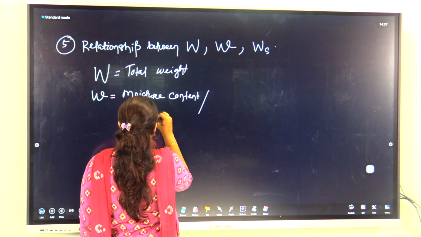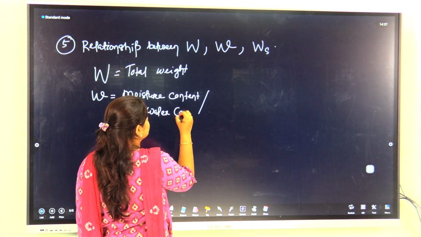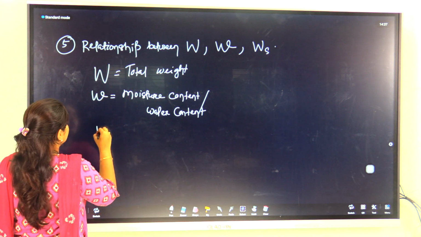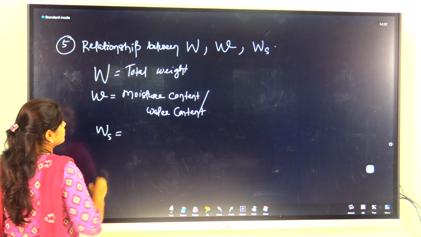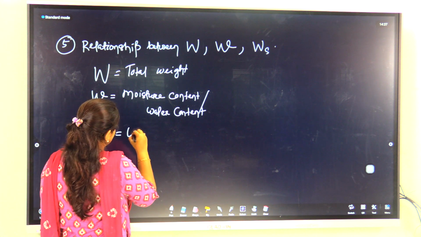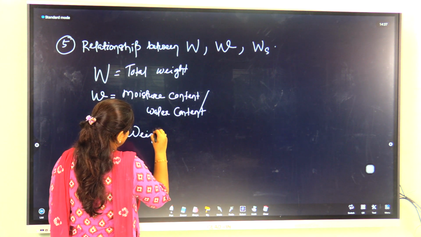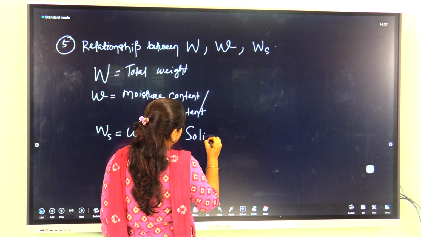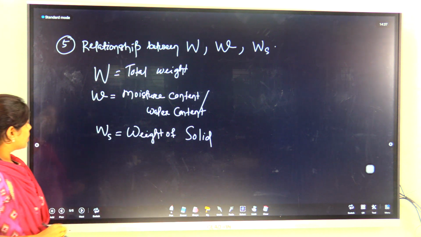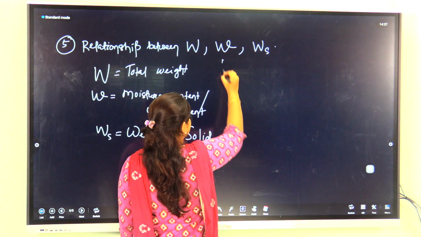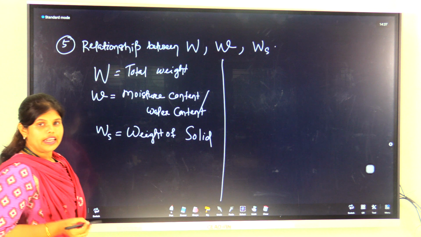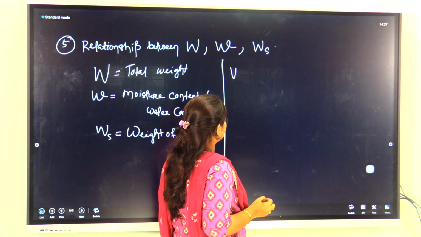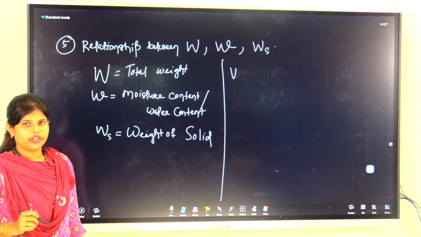Or water content, and Ws is your weight of solid. Okay. So, like before, total volume is your volume of solid plus volume of void.